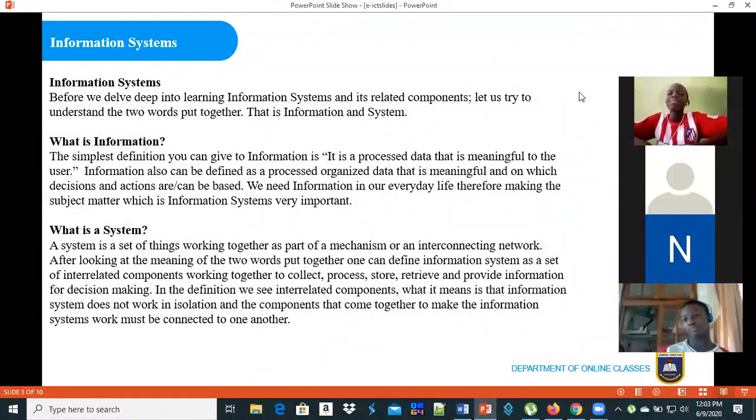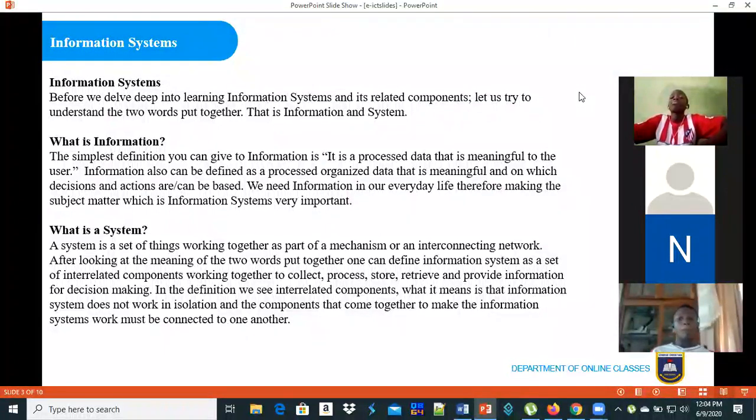Okay, Double Prince. It is a collection of a set of components that are related, which work together to collect, process, store, and retrieve data, and also help in decision making.